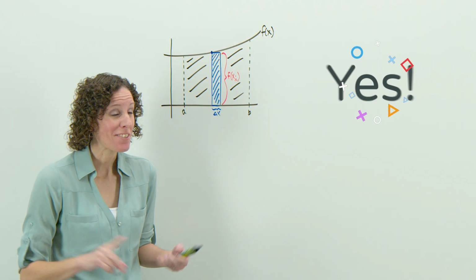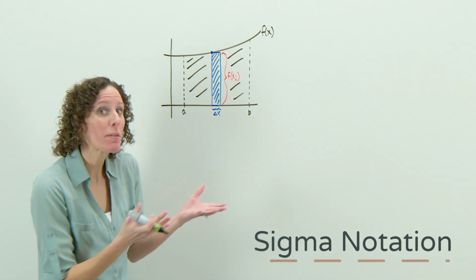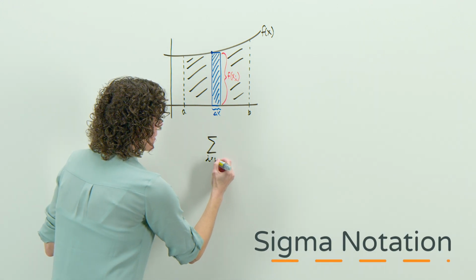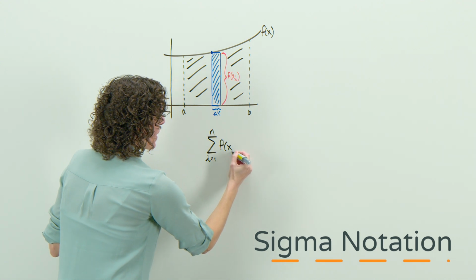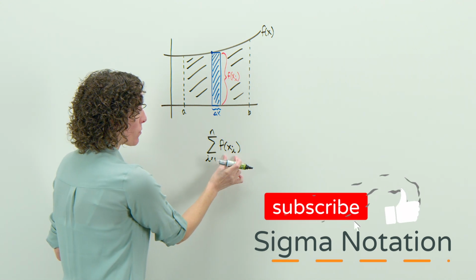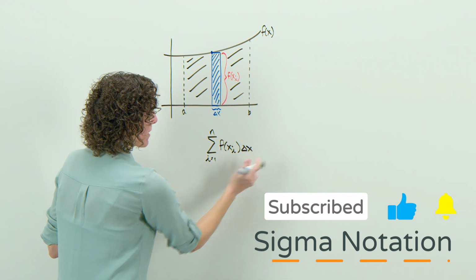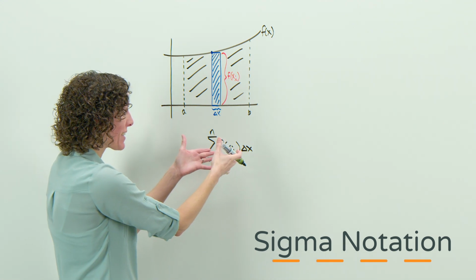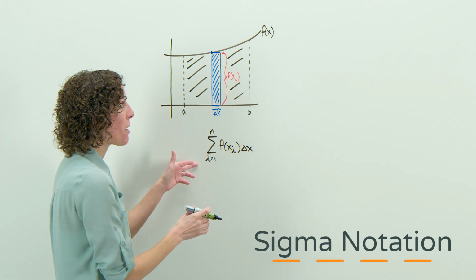The answer is yes. We can take what we learned from Riemann sums and say, if we have a finite number of rectangles where we take the height of a rectangle and multiply it by its width, base times height, we can find the area of a rectangle and have it for a finite number.